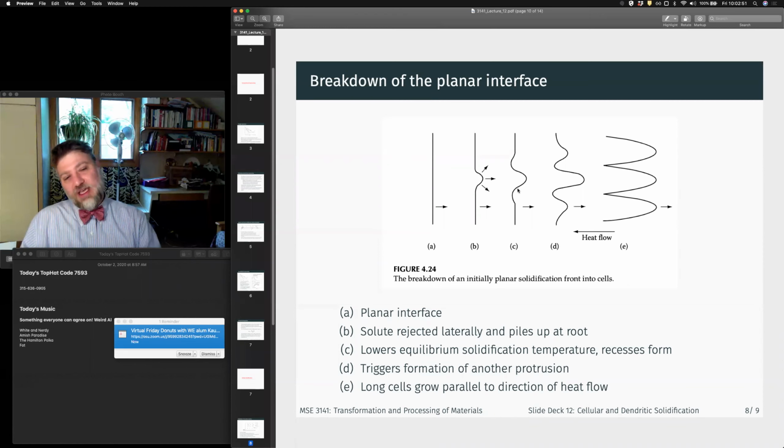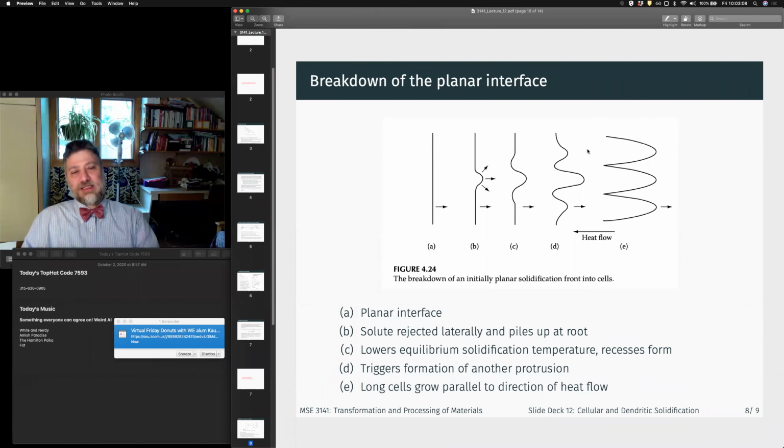So I actually get a recess that forms, which nucleates another little protrusion.